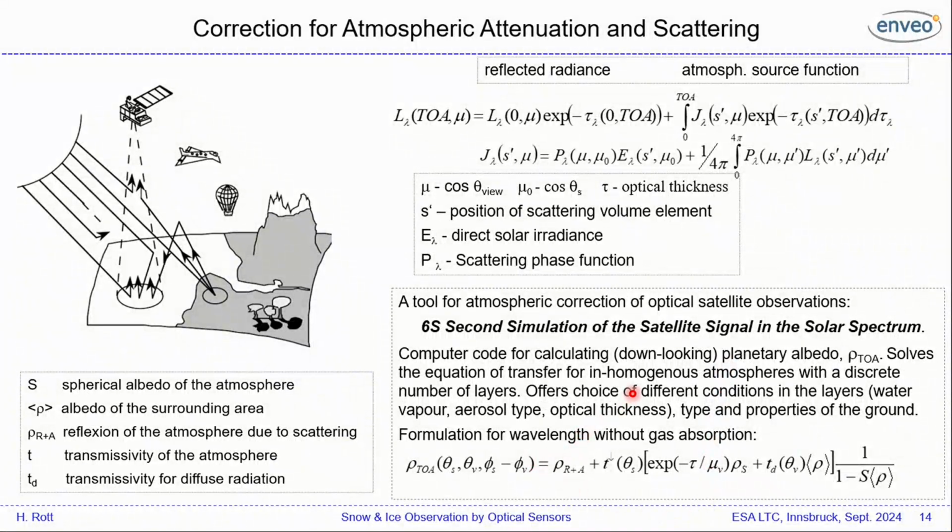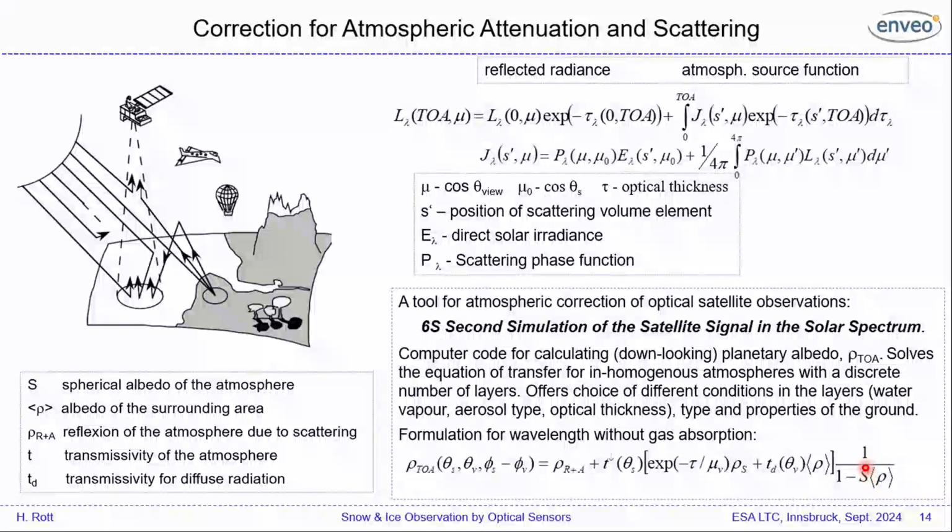So we have, on one hand, the reflectivity in the atmosphere for aerosol, and this is atmospheric reflectance, these two components, and then the signal from the surface attenuated on the path through the atmosphere, and then the incoming direct radiation and the incoming diffuse radiation, and there is a parameter which represents the spherical albedo of the atmosphere.